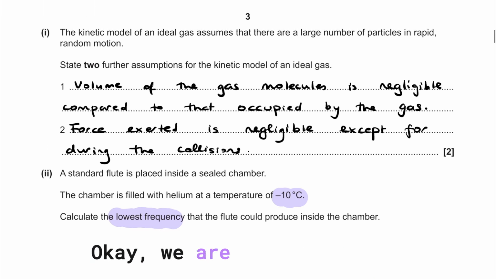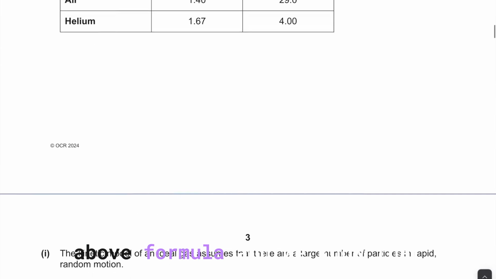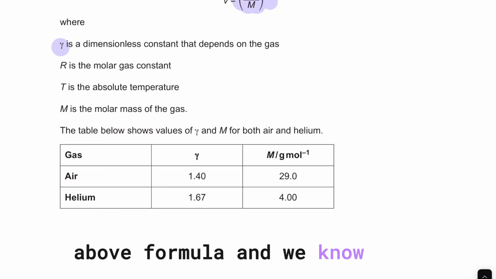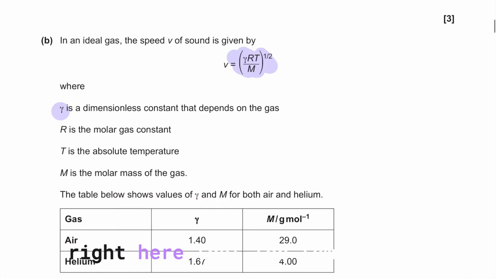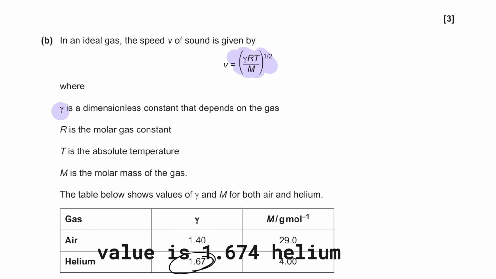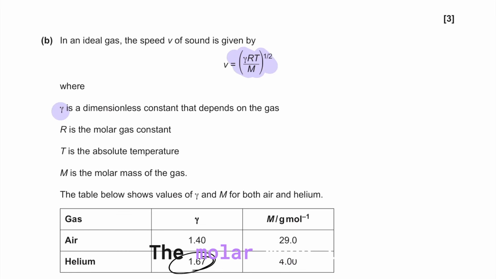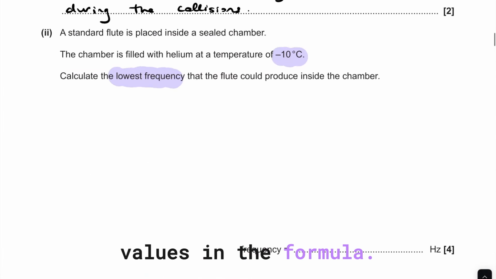Okay, we are looking at the above formula, and we know that the temperature is absolute temperature, which is therefore in kelvins, and we've been given that the gamma value is 1.67 for helium, and the molar mass is 4 grams per mole.